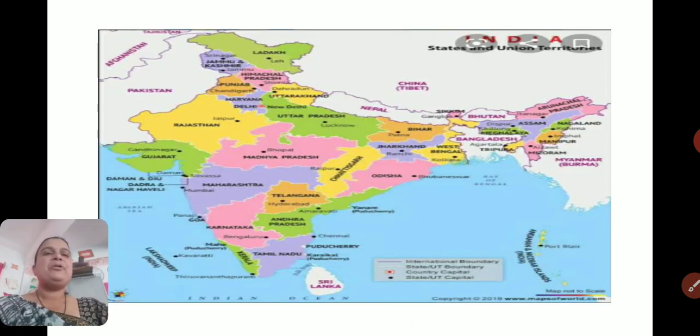This is the political map of India, where the states are shown with different colored patches. So easily we can know the states, areas and their boundaries connected to other states. These maps are called political maps, which show cities, villages, states or countries.